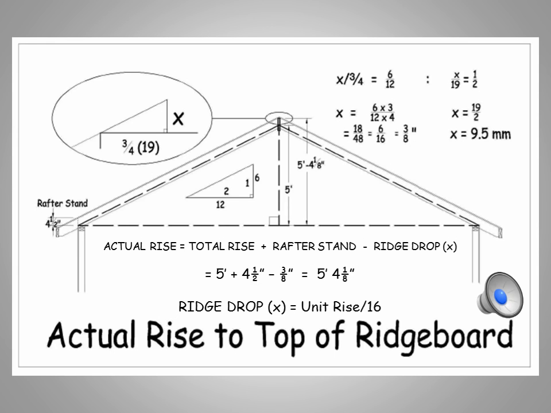When we're dealing in the imperial system, the amount by which you drop the ridge is always equal to the unit rise of the slope over 16. So let's say you're dealing with a 7/12 roof, then the amount by which you drop the ridge will be 7 over 16. In this case, it was a 6/12 roof, so it was 6 over 16, which is 3/8. If we're dealing with a 12/12 roof, which is 45 degrees, then it would be 12 over 16, which is 3/4 of an inch.